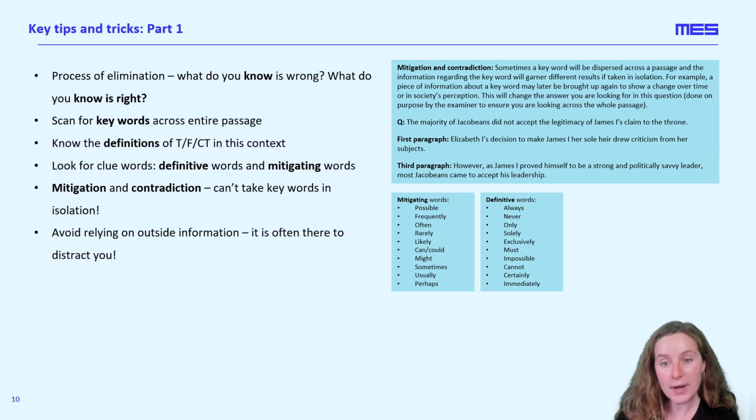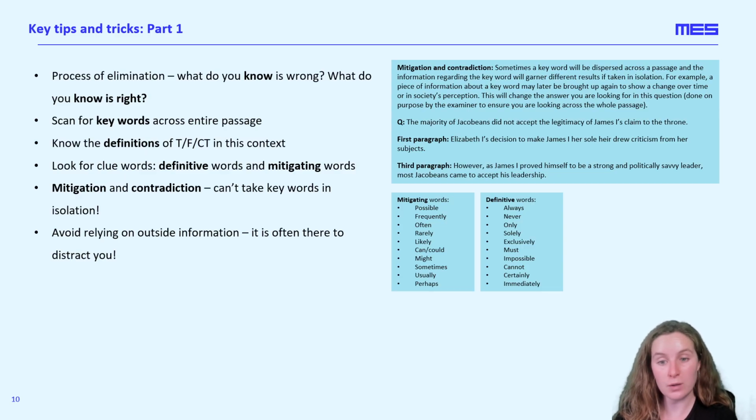Looking for clue words. In addition to keywords, you want to look at definitive words. So words like always, never, solely, exclusively, must, impossible, can't, cannot, certainly, immediately, only, because those are very restricted words, right? They suggest that there is a correct answer here, and this closes off possibilities.